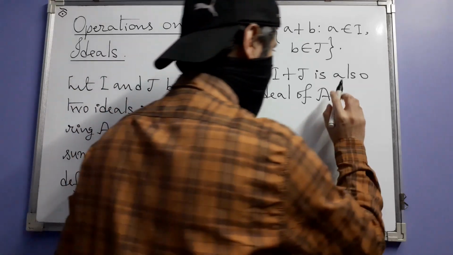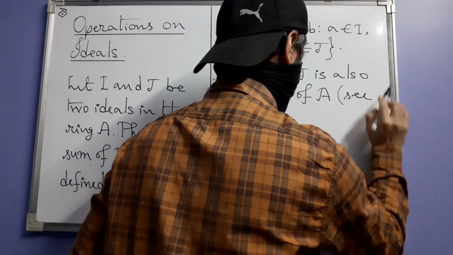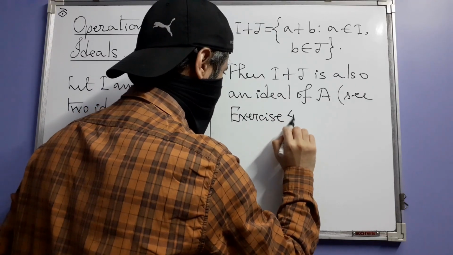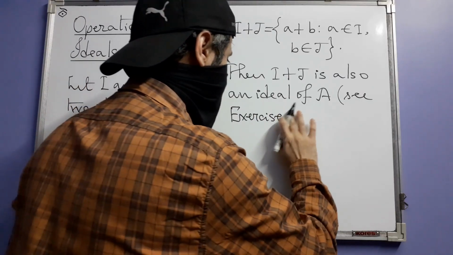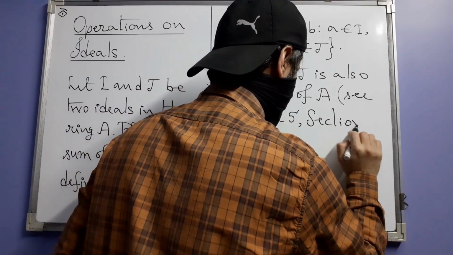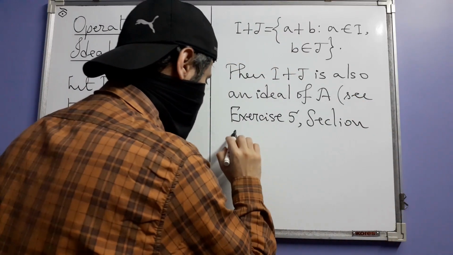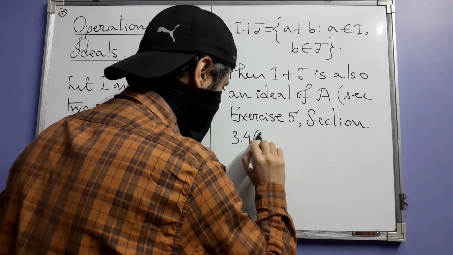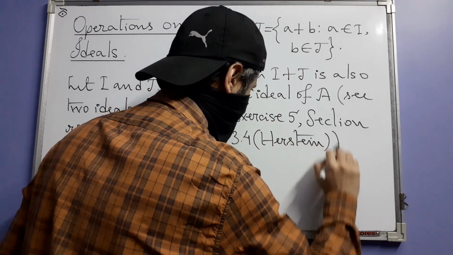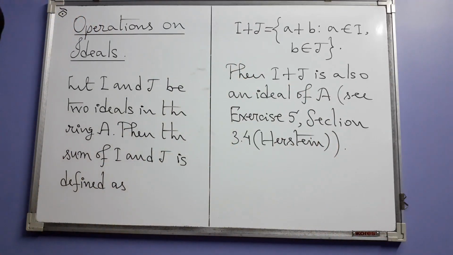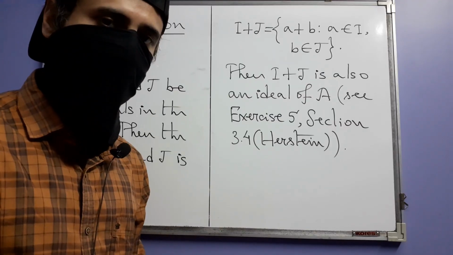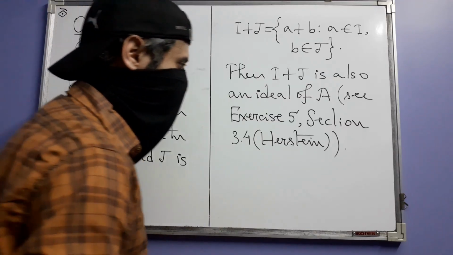Specifically here, see exercise 5 of section 3.4 of Herstein's Topics in Algebra. In fact, this I plus J turns out to be the smallest ideal containing I and J.